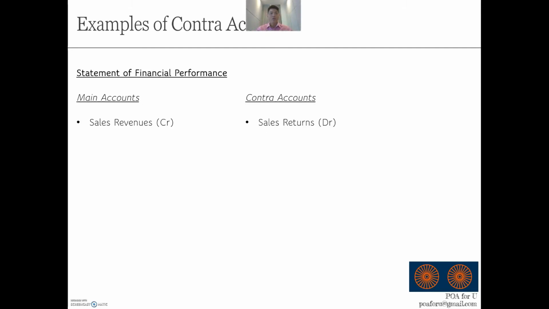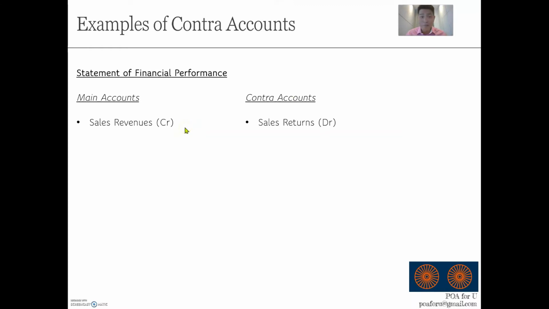Now let's look at where we see contra accounts. One of them is in the statement of financial performance. There's only one set of contra accounts that we see for N and O level students. It's sales revenues, and the contra account will be sales returns. So sales revenues is credit in nature.